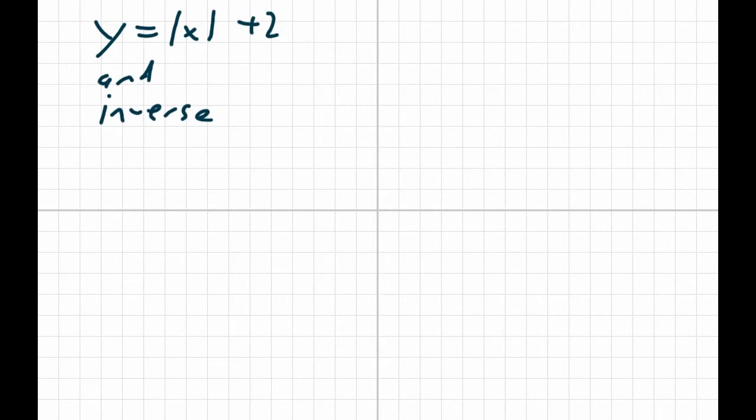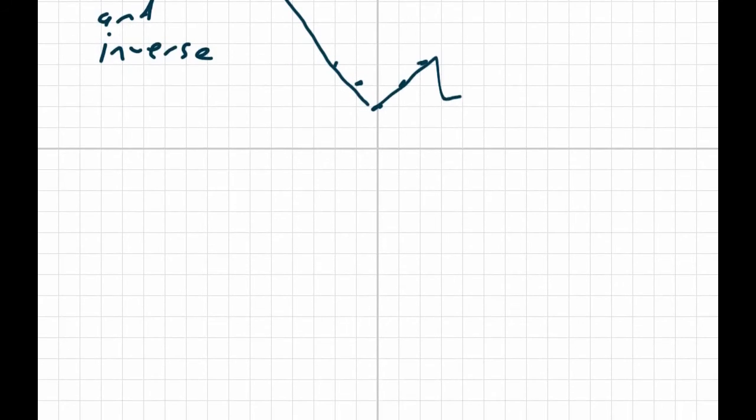Alright, for problem number 19, it asks for us to graph y equals the absolute value of x plus 2. And so we got a point at 0, 2, and we can use our graphing calculator to make a V. And the point of the problem is not to be able to graph this, but to be able to graph the inverse. Because this first point is at 0, 2, the inverse will have a point at 2, 0.